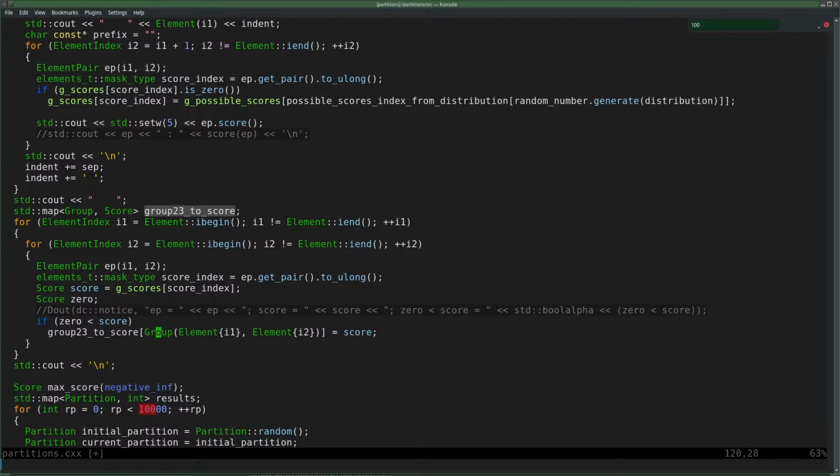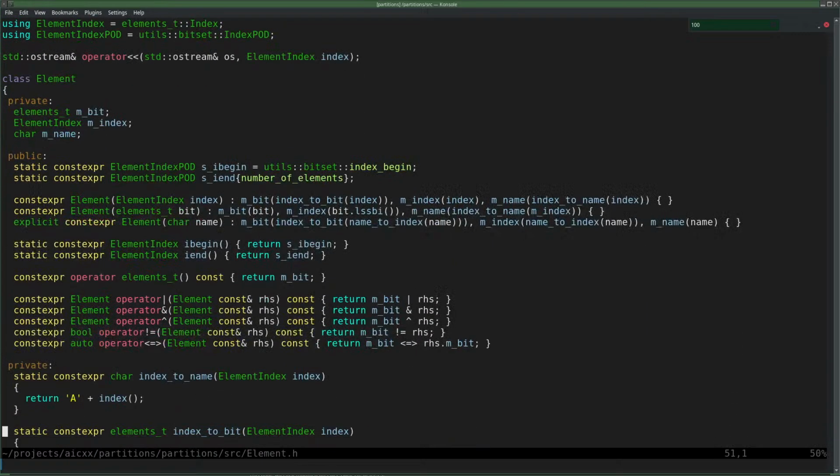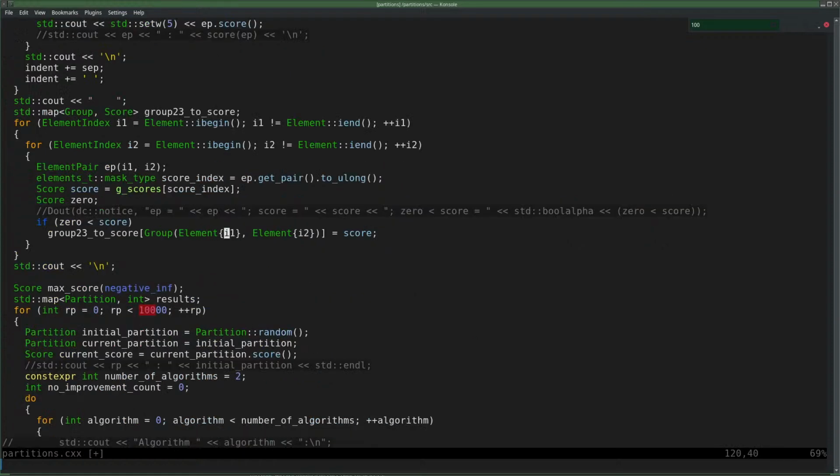This is nonsensical. Can I not OR the elements? Yeah, we have an OR here. I think it's more like that. OR together two elements and then a constructed group of that.